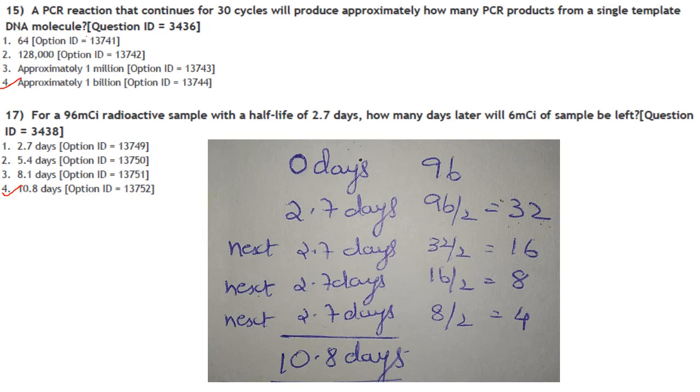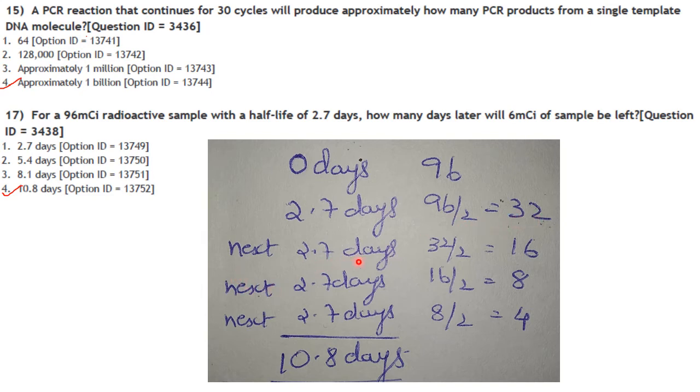Then next one, for 96 mCi radioactive sample with half-life of 2.7 days, how many days later will 6 of the sample be left? So here you have 0 days, that is 96 mCi of the radioactive sample is present. After 2.7 days it gets reduced to half, that is the half-life of that particular sample, and it is 32.